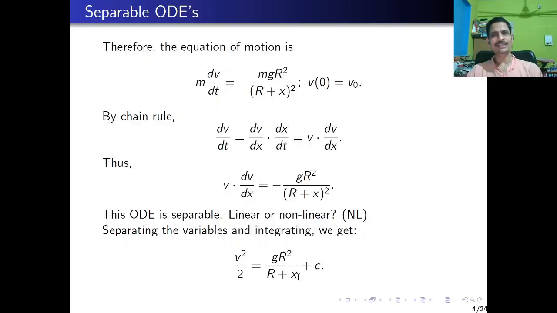So when t is equal to 0, x is also equal to 0, and at that time the velocity is v0. So when you substitute x equal to 0 here, and v0 in place of v, it will look like v0 square by 2 is equal to g r square divided by r plus c. So r and r will cancel.